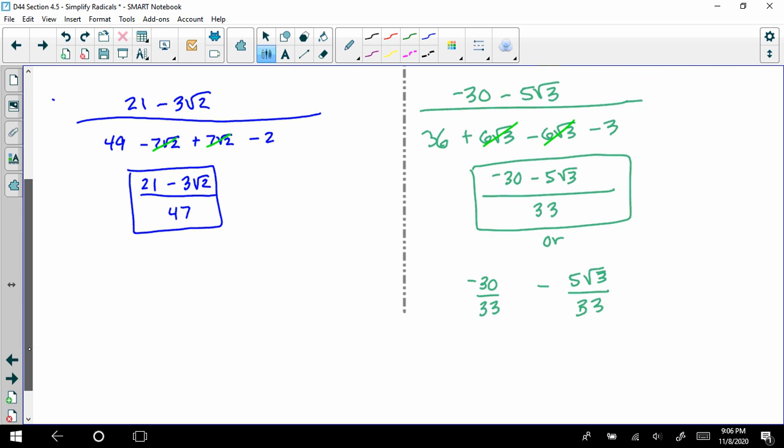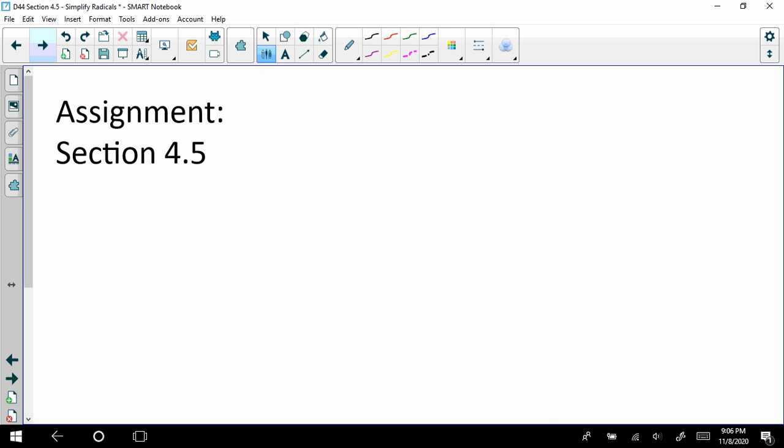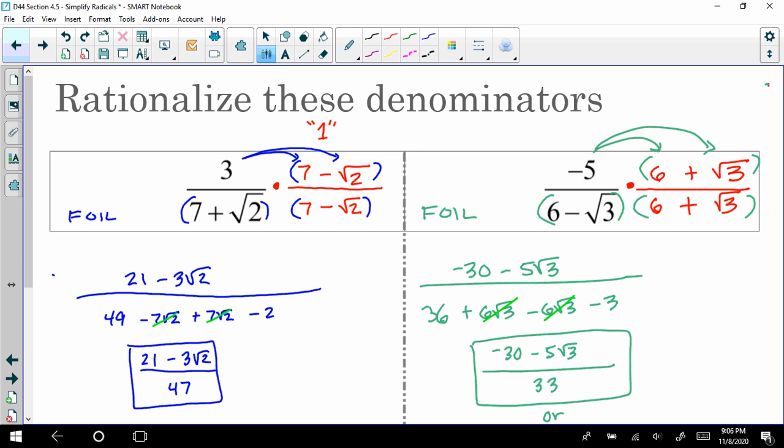Okay, that negative 30 over 33, both of those are divisible by 3, giving us negative 10 over 11. And then that second fraction, the 5 and the 33, they don't simplify, so I'd have to leave them alone. So this would be another acceptable answer if you wanted to do some more simplifying. So that's why I said or there. I do believe we finished our last example, so you're ready to work on worksheet 4.5.